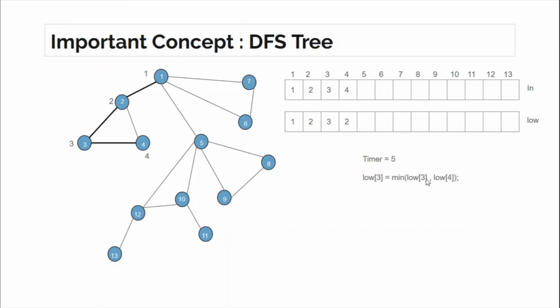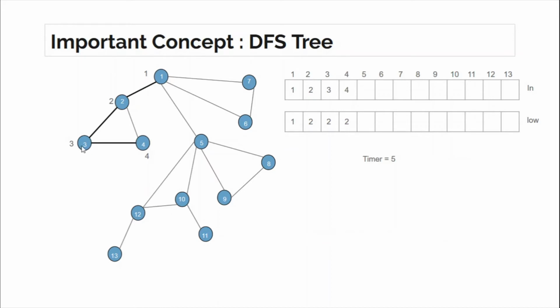So we would minimize the low time of node 3 as well. The low time of 3 would be min of the low time of 3 and the low time of 4. The low time of 4 was 2, so the low time of 3 also gets updated, and it is also 2. Now the low time can never be updated using an edge which connects a node to its parent. So for 3, I cannot update its low time using this edge, because this connects node 3 to its parent.